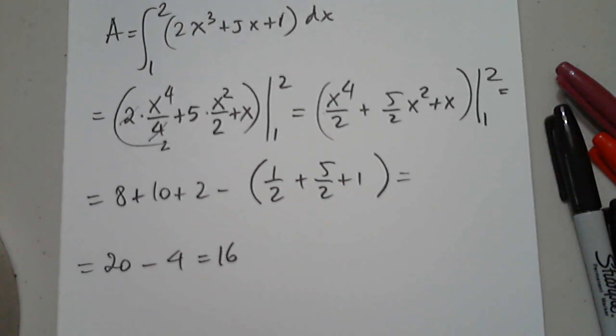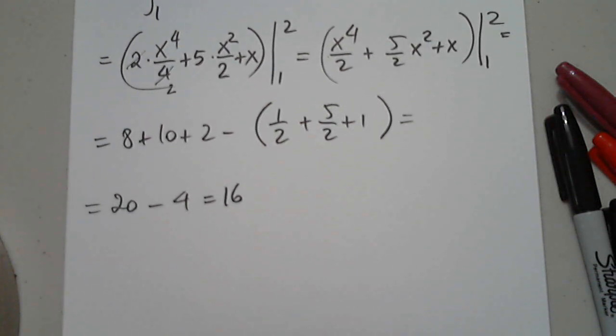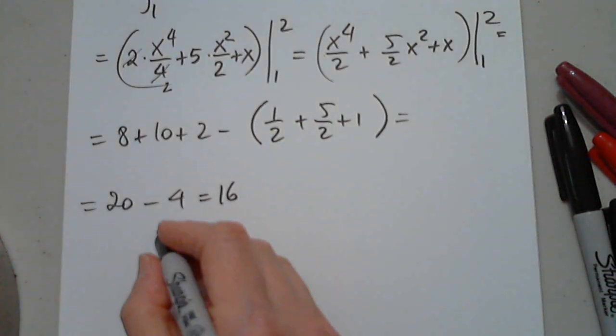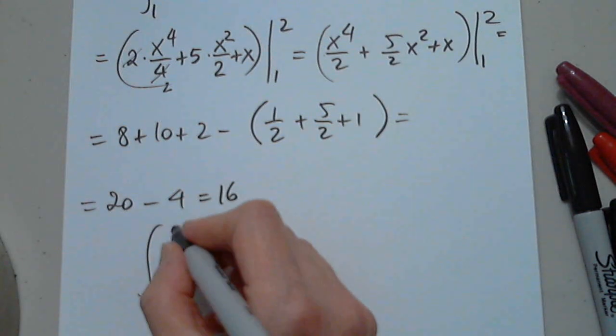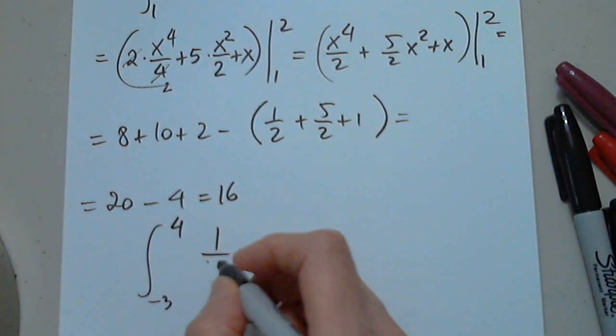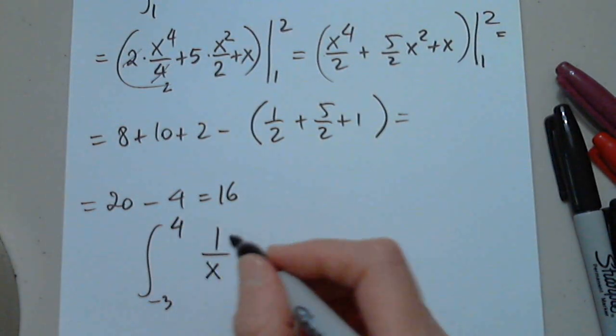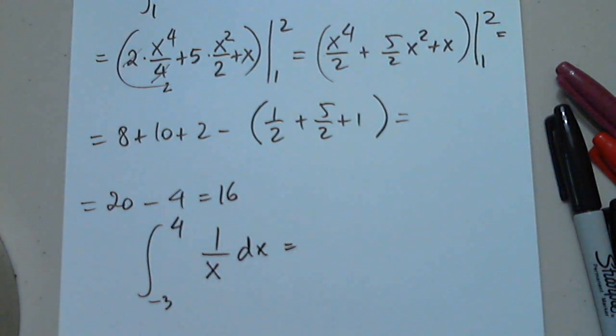So this is the way we evaluate definite integrals. Now, what if I ask, let's evaluate the integral from -3 to 4 of 1/x dx? What would you say? Anyone?